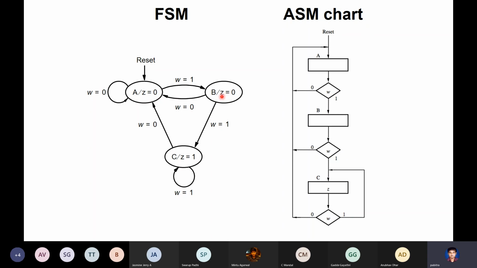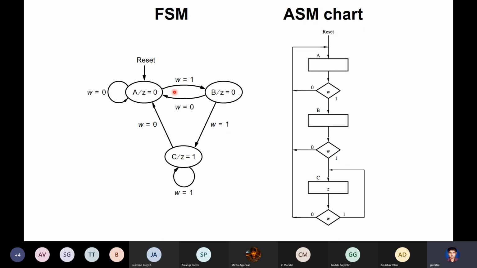Then there are three states A, B, and C. In these states, it has a Moore type of output, Z equal to 0 when within this state. And there is a Mealy type of output.